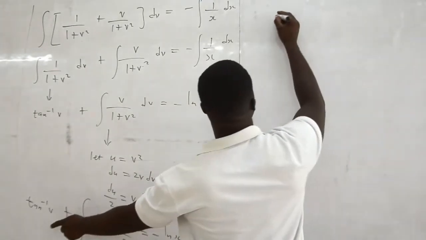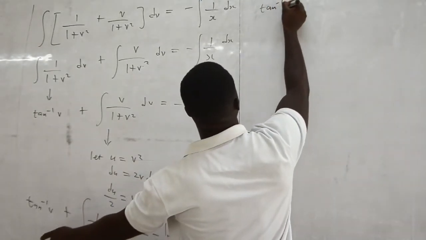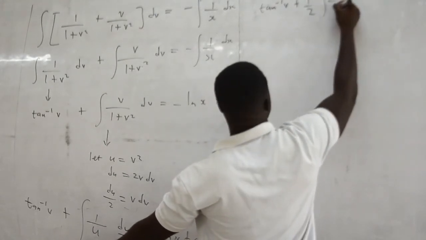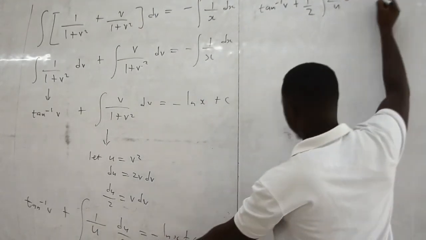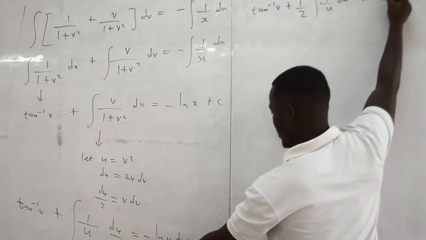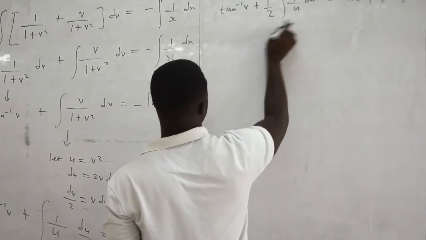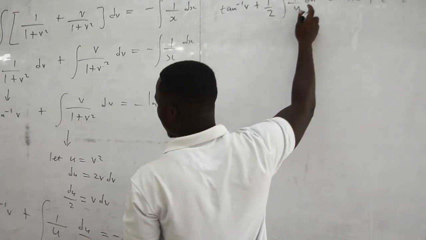So then we'll have tan inverse of v plus 1 over 2 times the integral of 1 over u du is equal to negative ln x plus c. So let me integrate this one. When I integrate, I'll get ln u, but the u here is v squared.